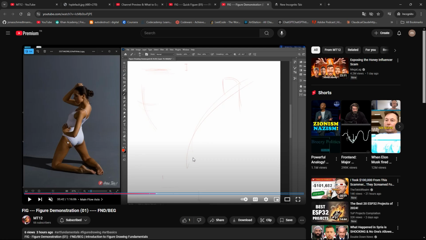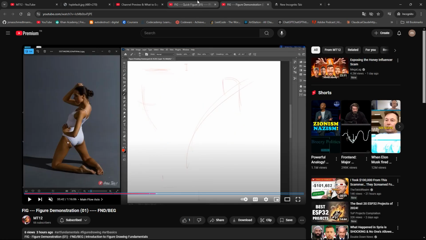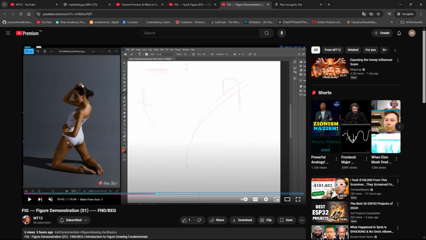However, when I do not cover it in another video like a quick figure lesson, it doesn't mean that I don't care about the main axis. Here, as you can see, it may be subtle, but I am still thinking about the main axis. And even if in this video I don't tell you about silhouette, I am actually thinking of it right now.